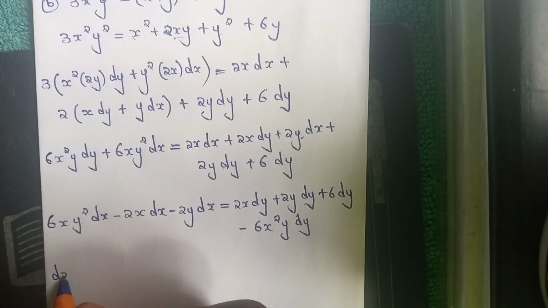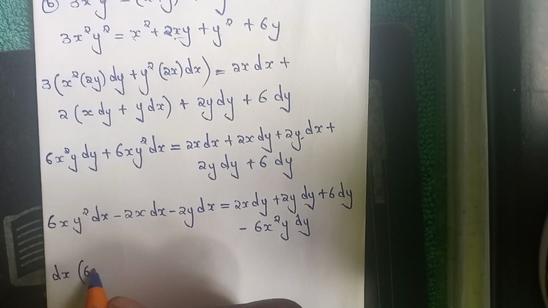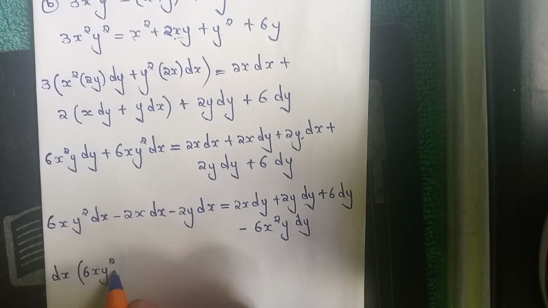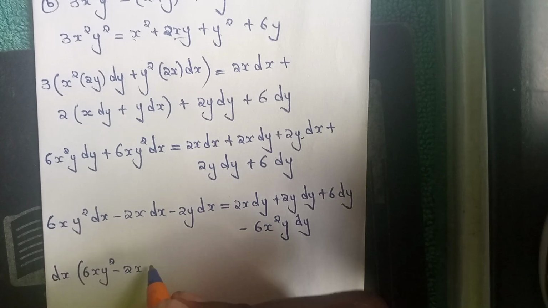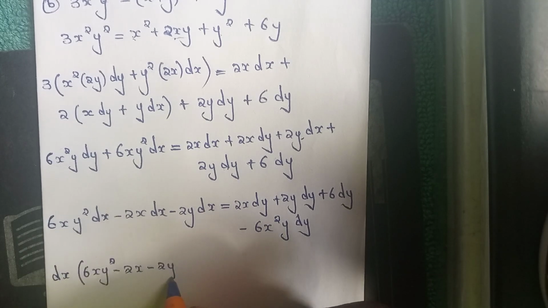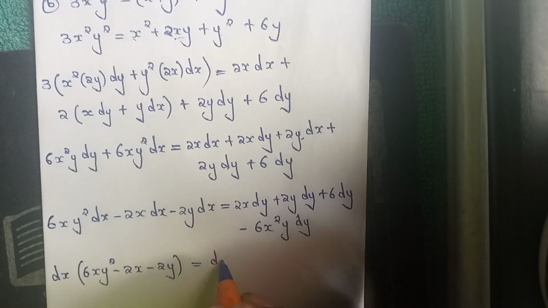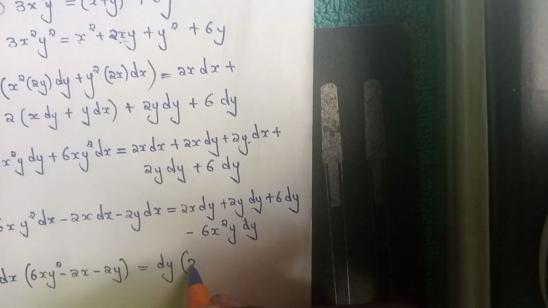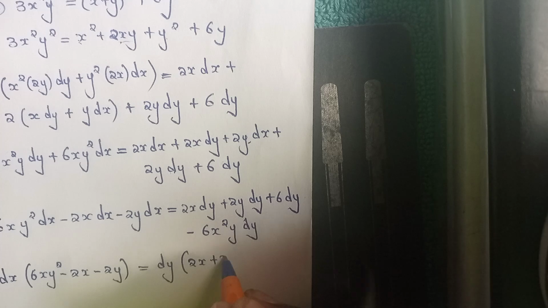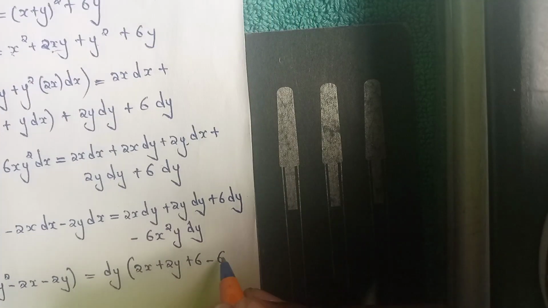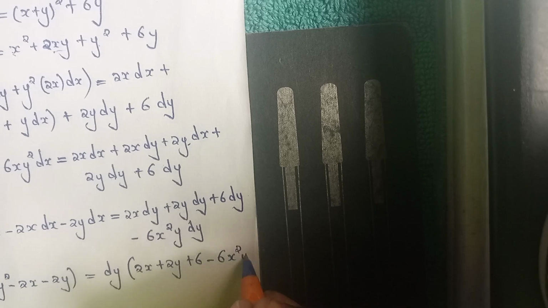So I'm going to have dx times 6xy squared minus 2x minus 2y will be equal to dy times 2x plus 2y plus 6 minus 6x squared y.